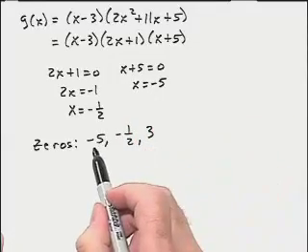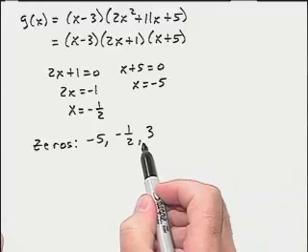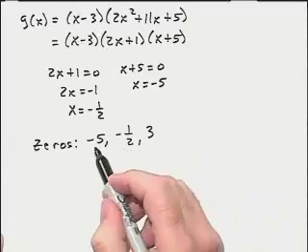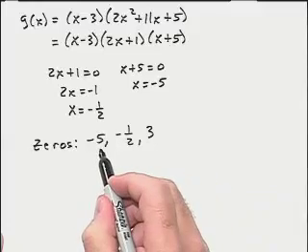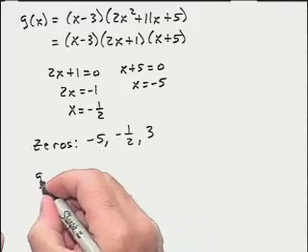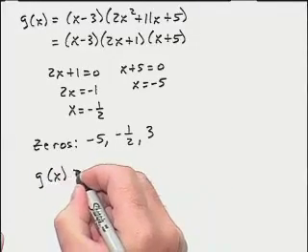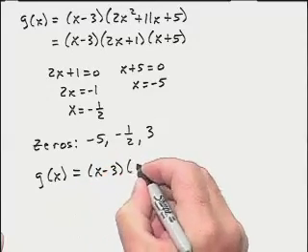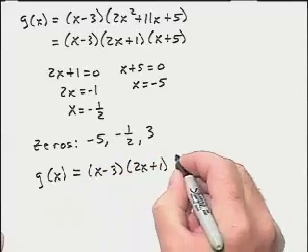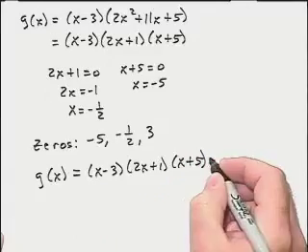Now, if you notice, these are three rational zeros as well, and if we look back in Part C at our list of potential rational zeros, we'll see that each of these occurred in that list. Our function in completely factored form is then x minus 3 times 2x plus 1 times x plus 5.